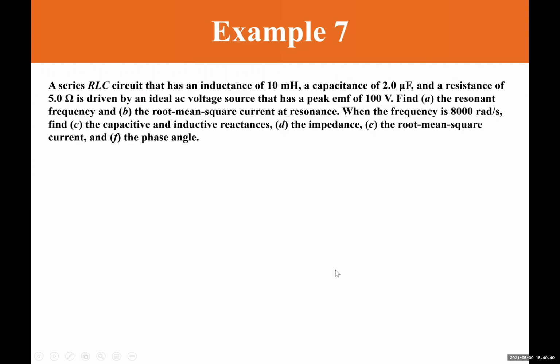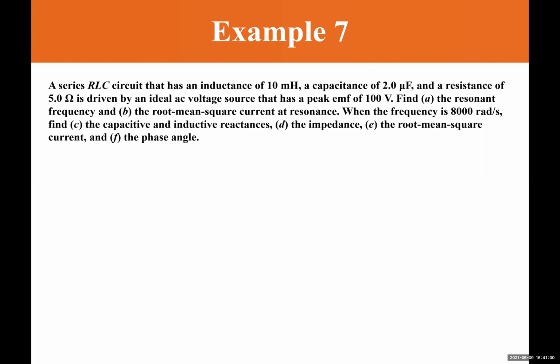Another example: you have a series RLC circuit that has an inductance of 10 millihenry and a capacitance of 2 microfarad. We're also given a resistance of 5 ohms, and it is driven by an AC voltage source that has a peak EMF of 100 volts.